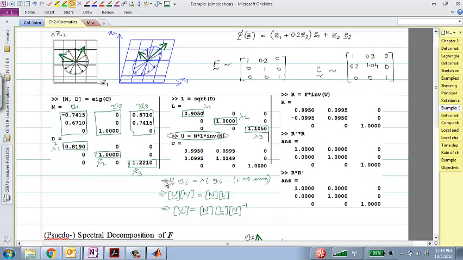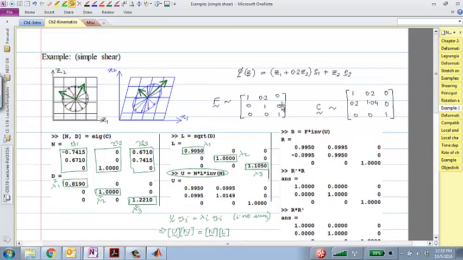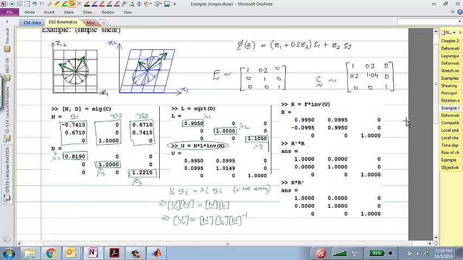Essentially what we are doing is calculating the polar decomposition of this F tensor field using the C and the B tensor fields. We found eigenvalues and eigenvectors of those, took the square root, and then just did the spectral decomposition for U and V. Of course, this can be a lengthy calculation for something that is not as easy as this.